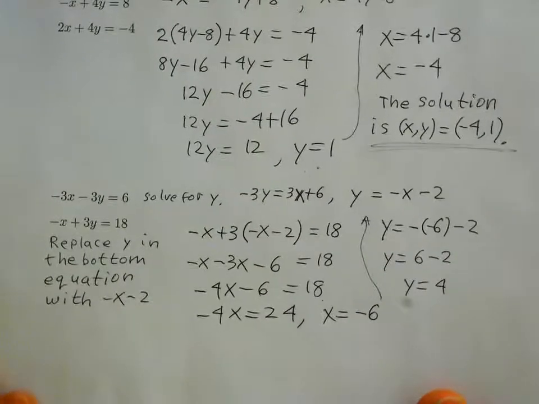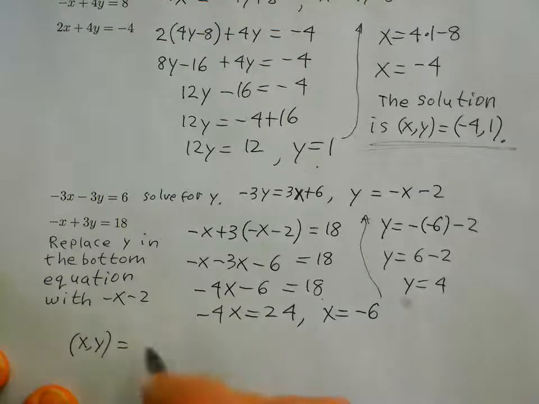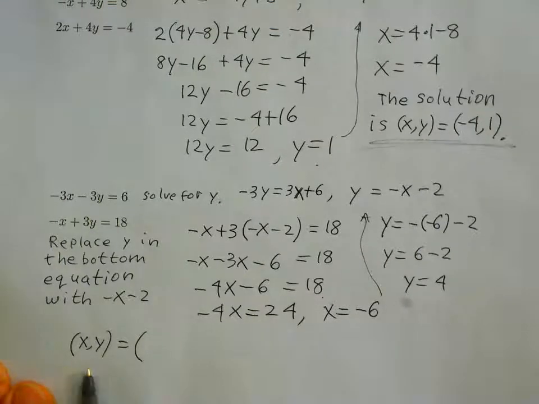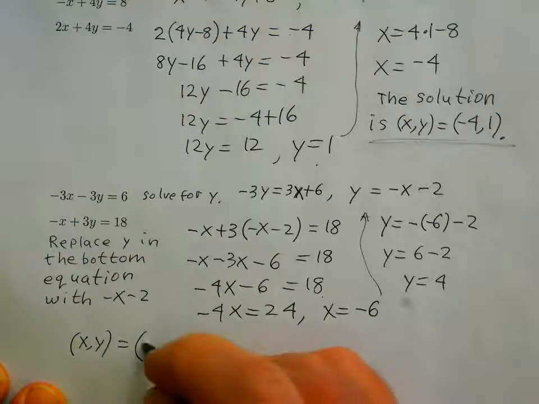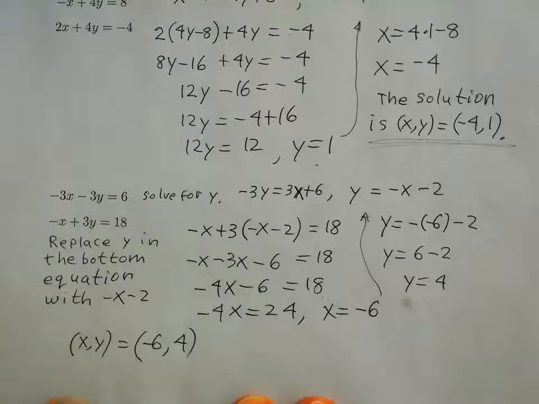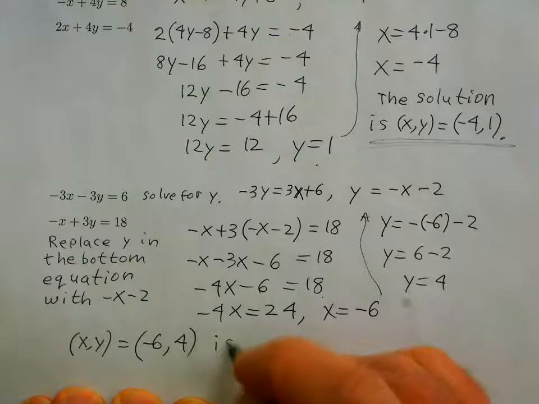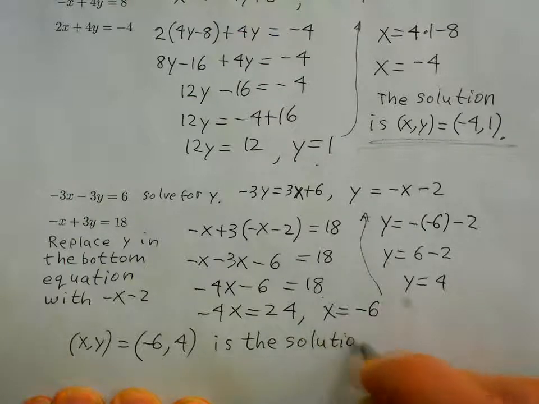Okay, so the solution, I'll write x comma y in parentheses, just as a reminder that the solution is the ordered pair xy. We found x to be negative 6 and y to be 4. So the ordered pair negative 6, 4 is the solution to the system.